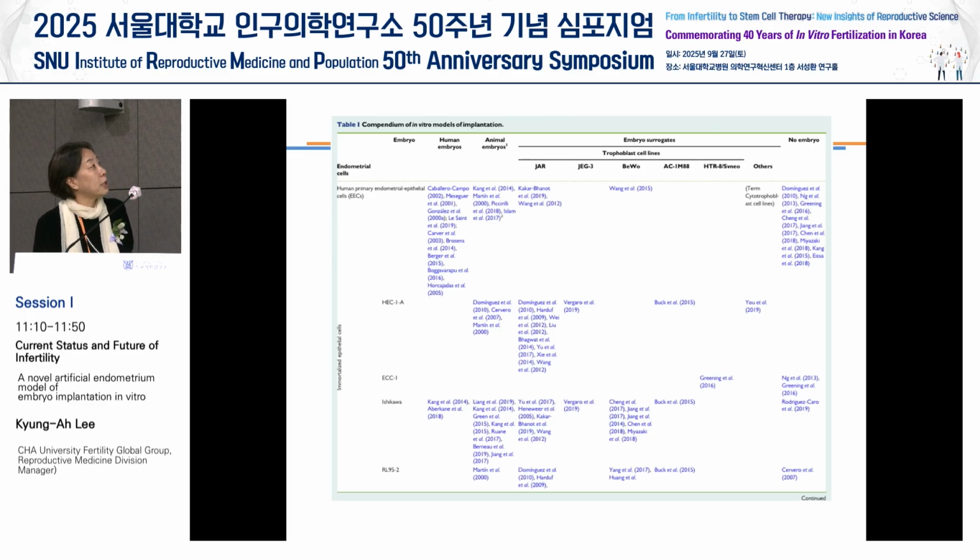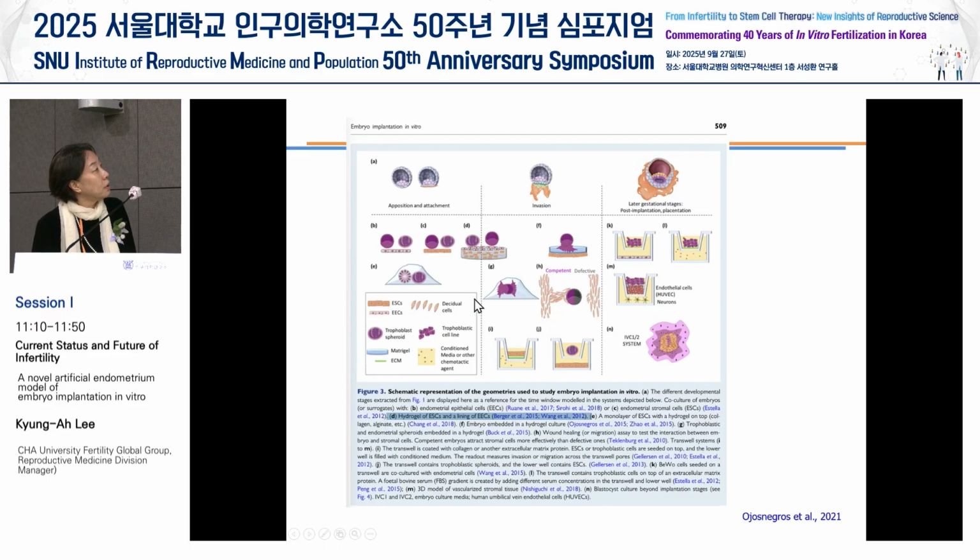So we chose JAR cells and Ishikawa cells, because Ishikawa cells have receptivity for embryo implantation. There are lots of 2D co-culture and 3D systems here, but we decided on a 3D structure.